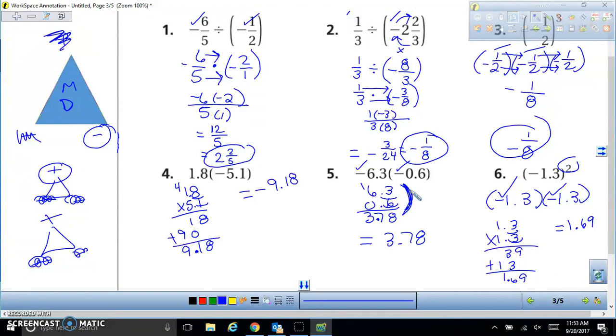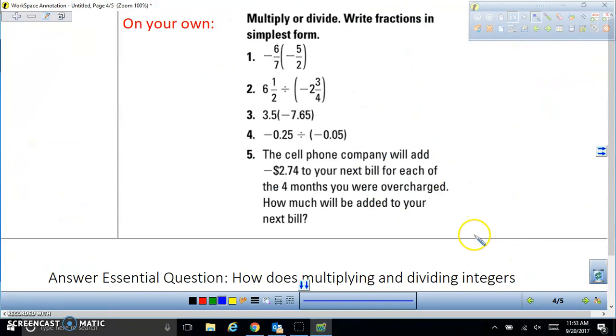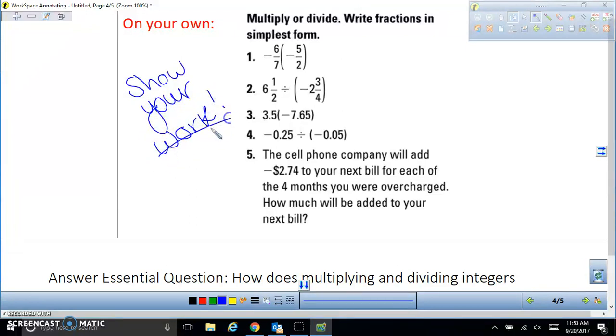Okay, I want to see the work. I'm looking for that. All right, go ahead and try these on your own problems. Show your work. Okay, go ahead and try these, and let's go over answers when you're ready.